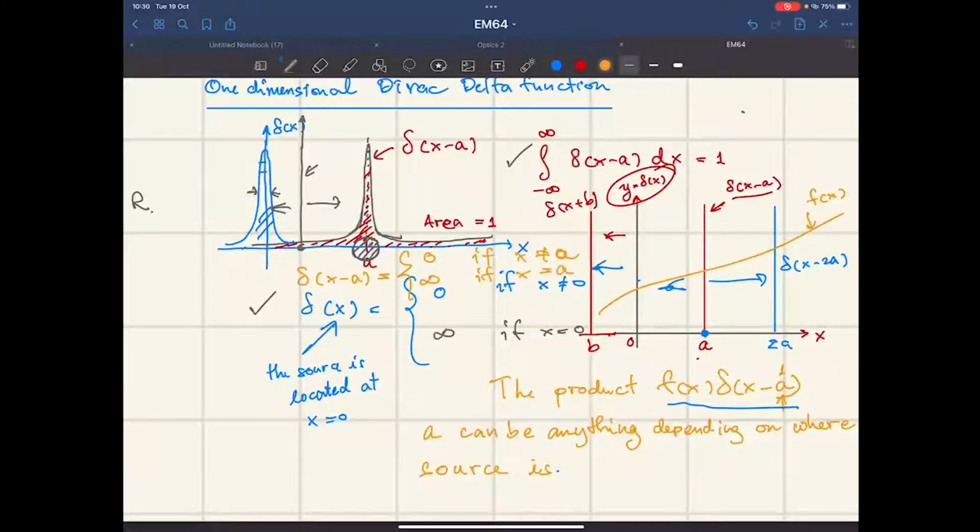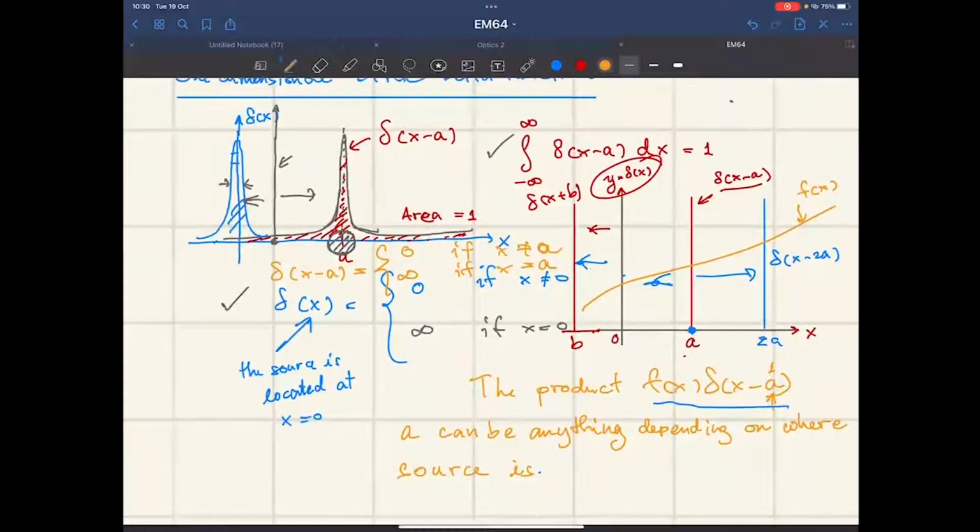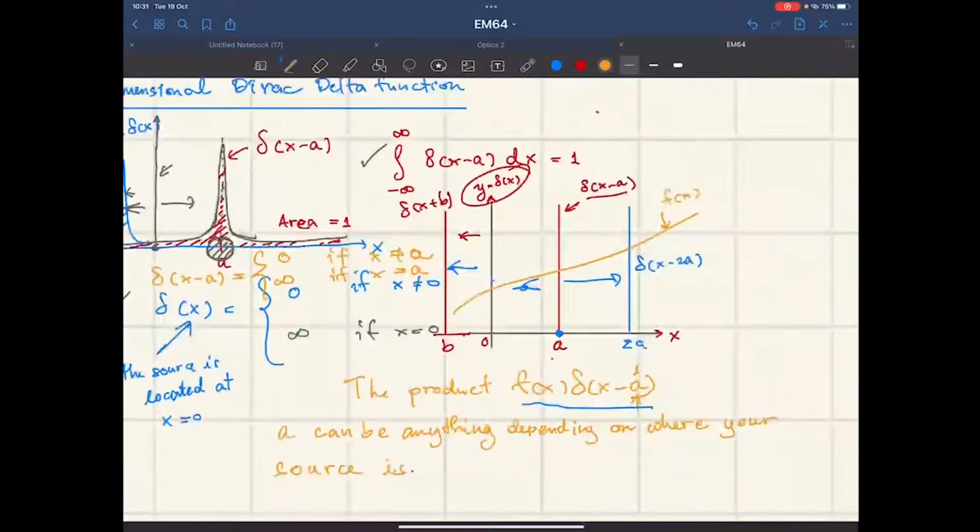It's quite clear here. From this definition, we know that away from a, in this direction and that direction, it's 0 everywhere. Meaning that if you multiply this function by the Dirac delta function away from a, it becomes 0. So it only has a value at this point.